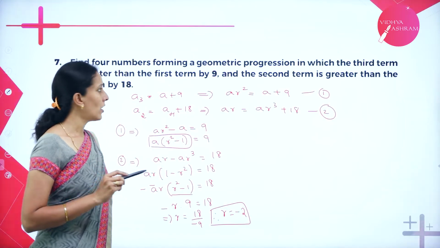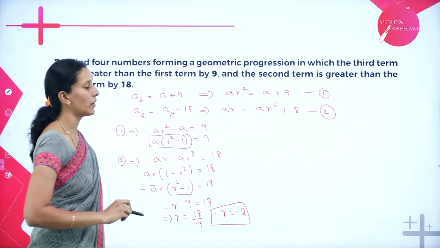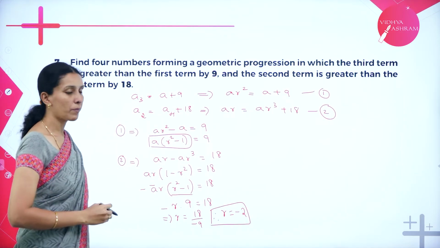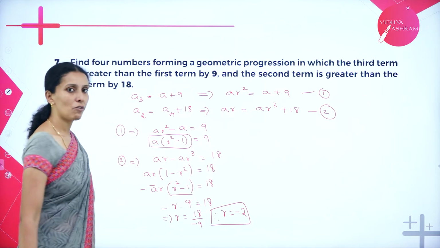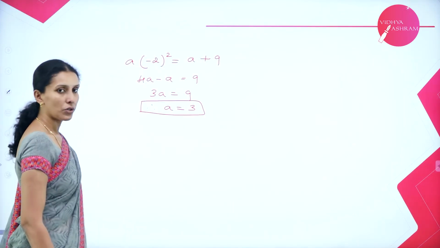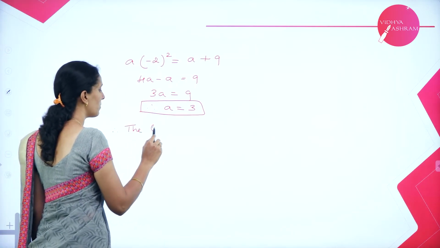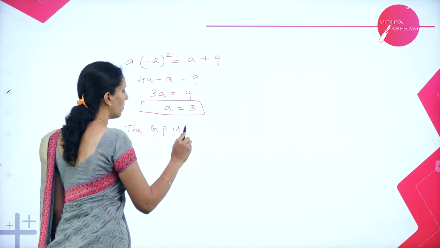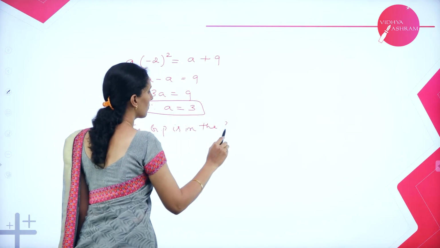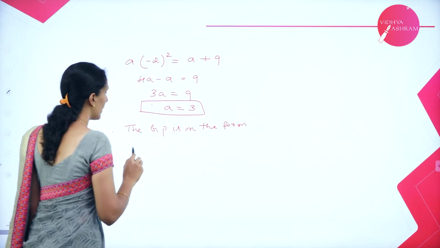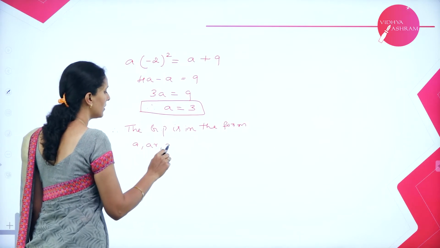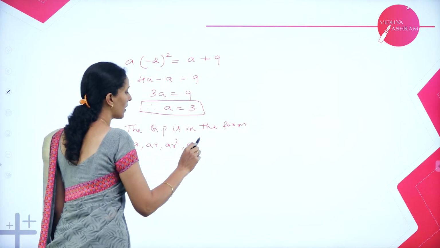Now I need to write down the 4 numbers which are forming the geometric progression. We have R is equal to minus 2, A is equal to 3. Therefore, the terms of the GP are in the form A comma AR comma AR square comma AR cube.